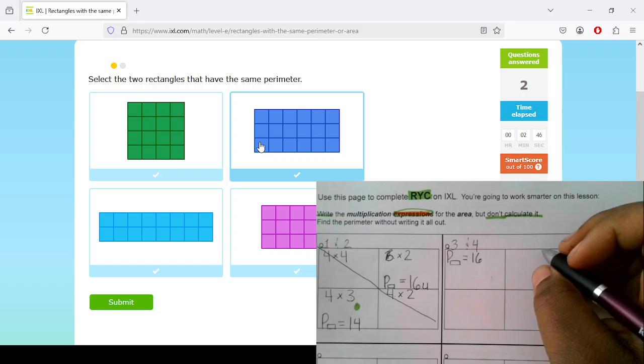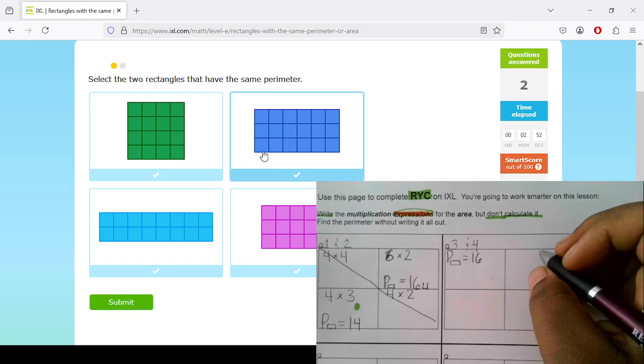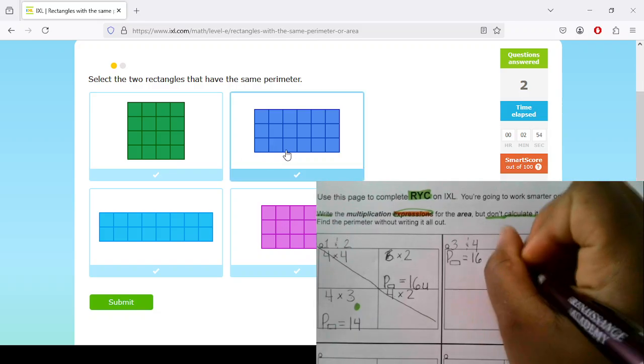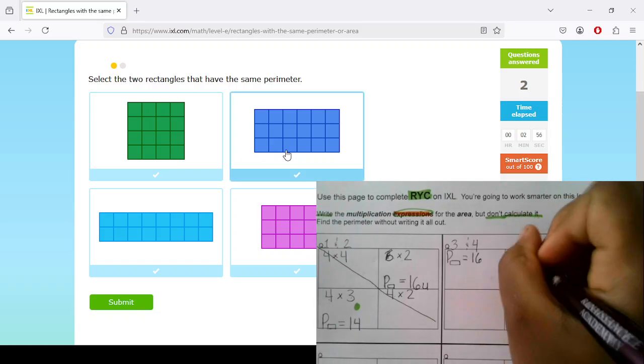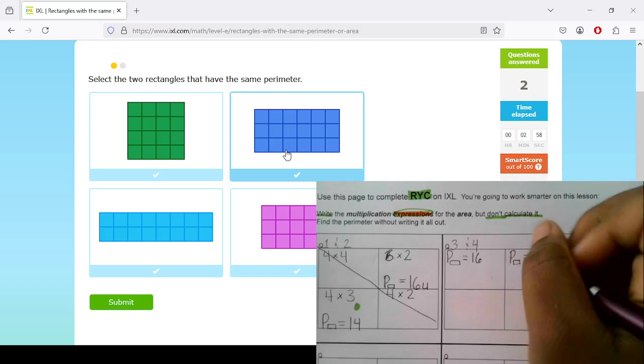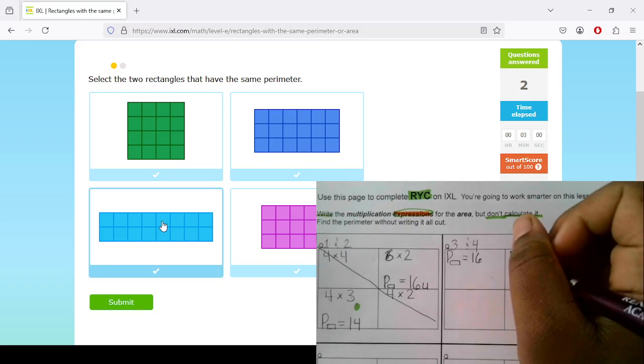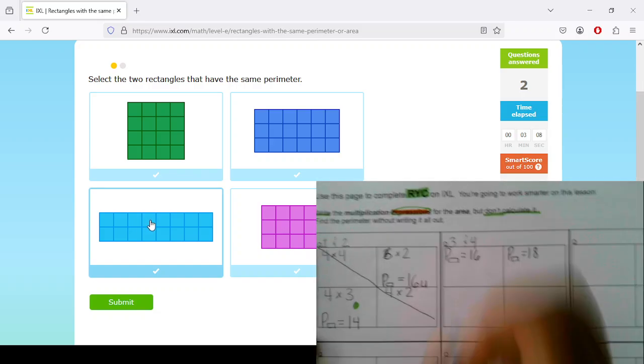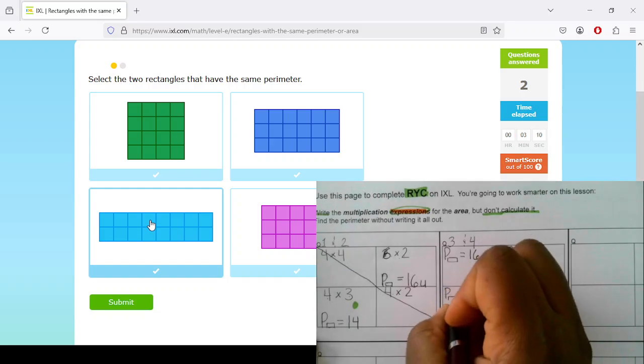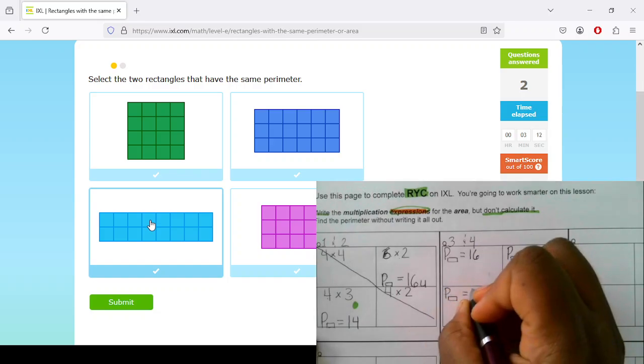Next, height is 3. That width is 6. 3 plus 6 is 9. 9 plus 9 is 18. I have a height of 2 and a width of 1, 2, 3, 4, 5, 6, 7, 8. 2 plus 8 is 10. Perimeter of this one, 10 plus 10 is 20.